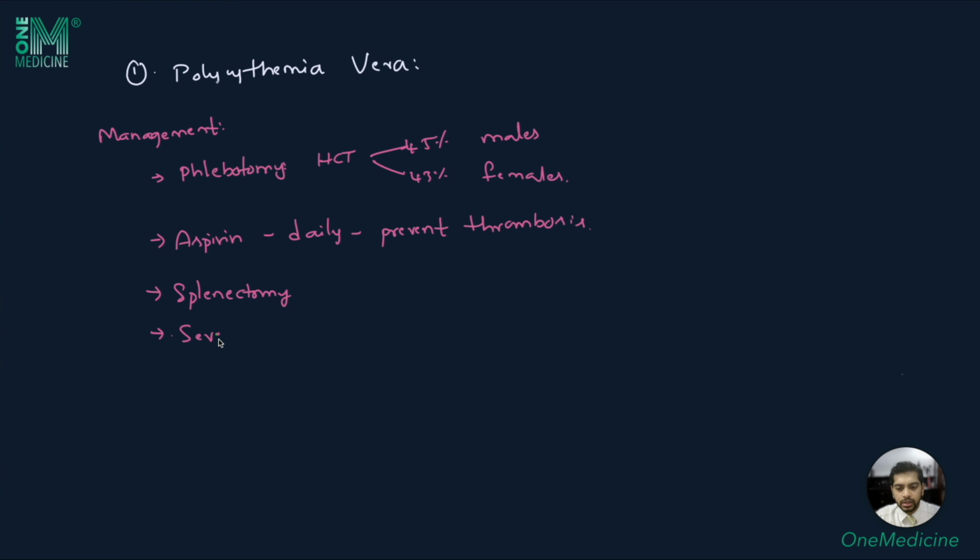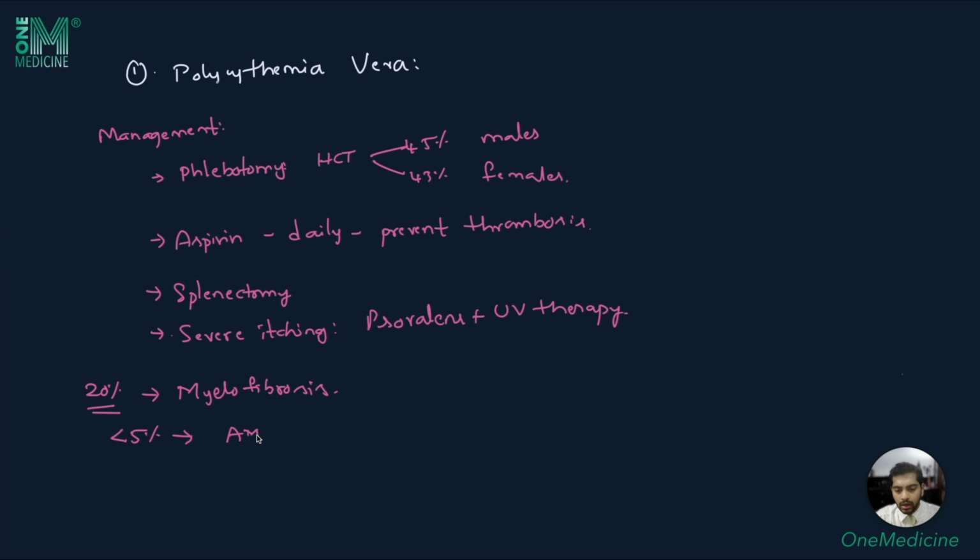Patients with severe itching can be subjected to psoralen plus UV therapy. 20% of these patients end up developing myelofibrosis, and less than 5% of the patients can end up developing acute myeloid leukemia. In trials, a new drug called ruxolitinib, which inhibits JAK1 and JAK2, is being tried.